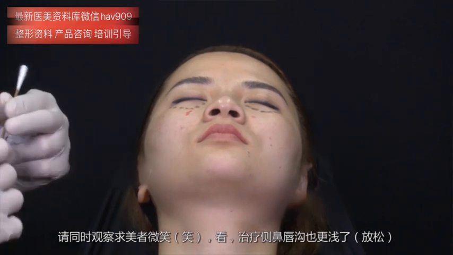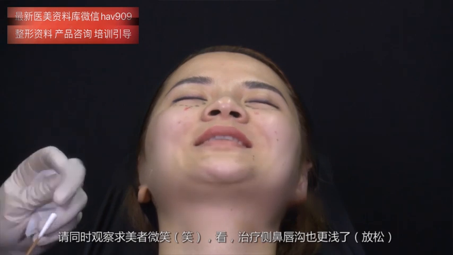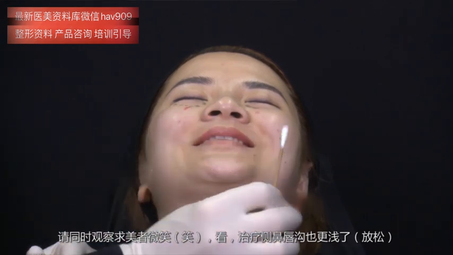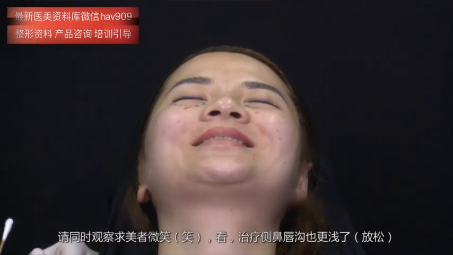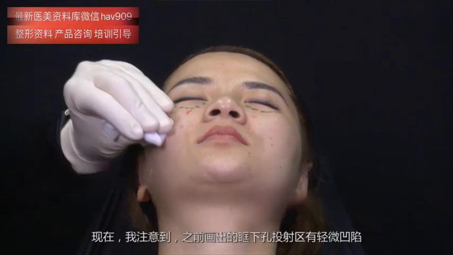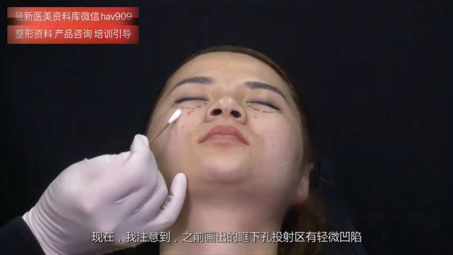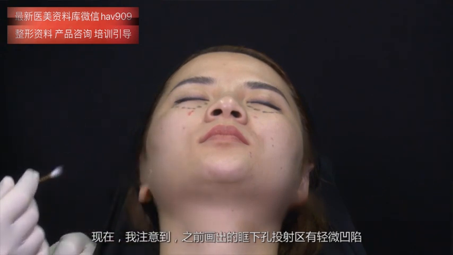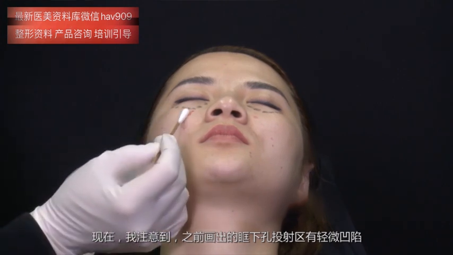Also, please observe when the patient smiles. Smile. Take a look. On the treated side, we notice much less nasolabial fold. Relax. Now, I notice that in the area where we have the projection of the infraorbital foramen, there is a slight concavity.